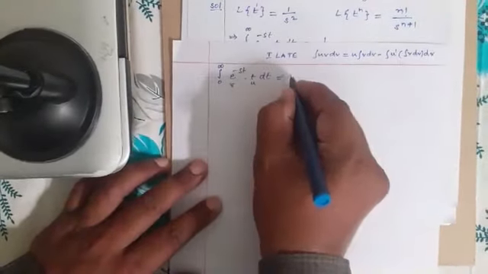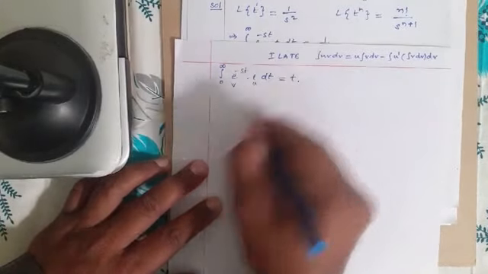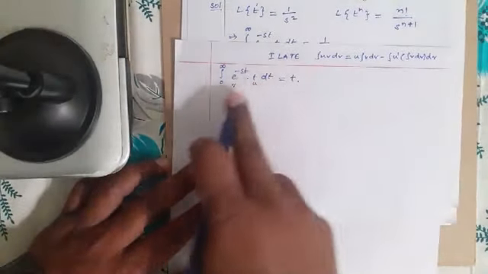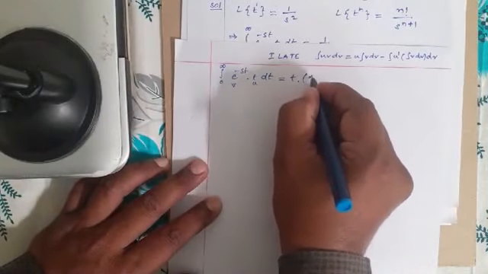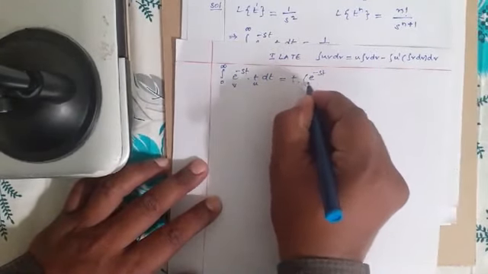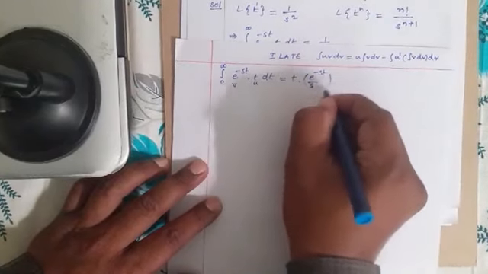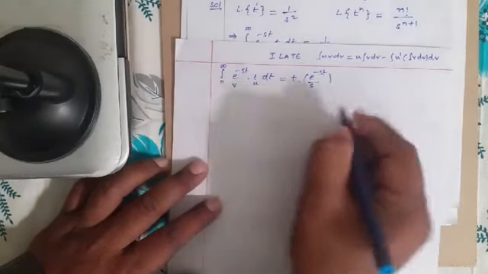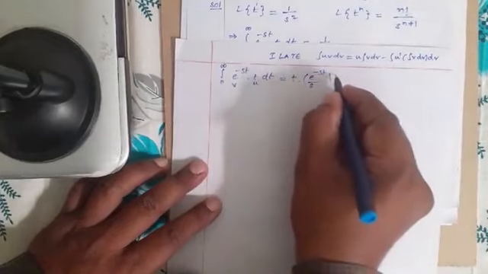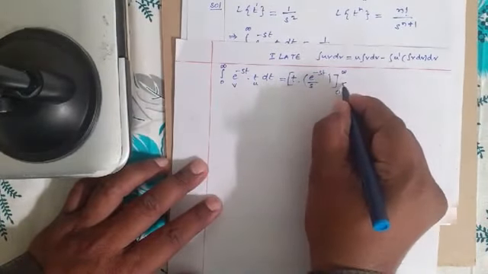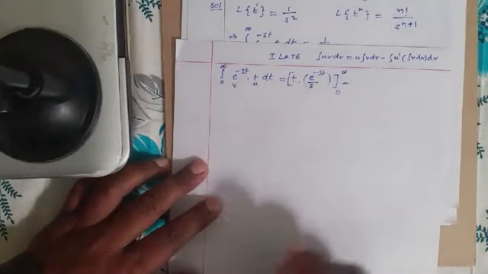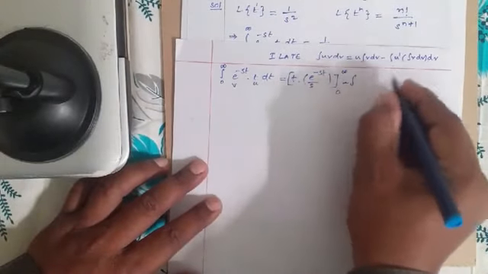Now I write here t into, when you integrate e power minus st, you get e power minus st by minus s, because you are integrating with respect to t. Now after that you have to apply the limits. So limits are 0 to infinity, minus the integral of u dash.